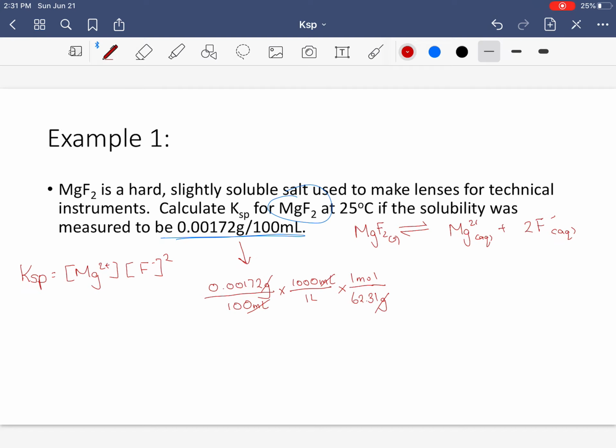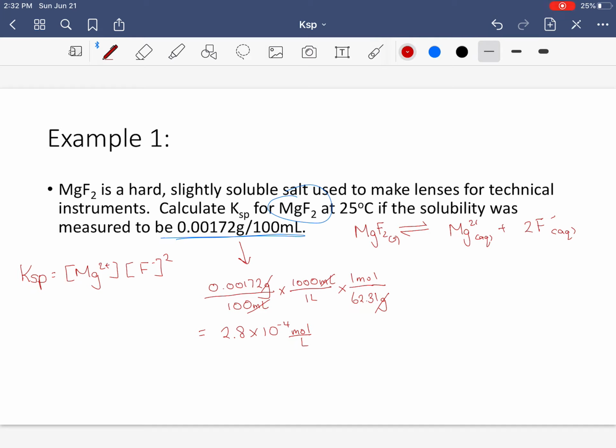Okay. So now you have moles per liter, just like you want it. All right, let me take my calculator and punch this in. That's going to be 2.8 times 10 to the power of -4 moles per liter.